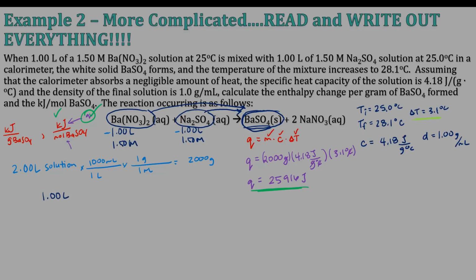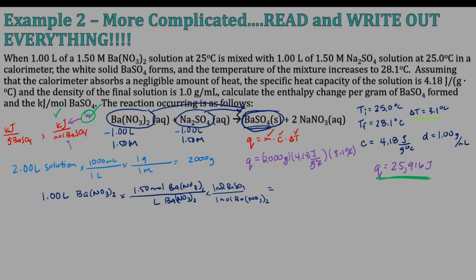I have 1 liter of barium nitrate solution, and there's 1.50 moles of barium nitrate in every single liter because that's the molarity. And then I know that there will be 1 mole of barium nitrate for every 1 mole of barium sulfate. I'm going to move this heat.